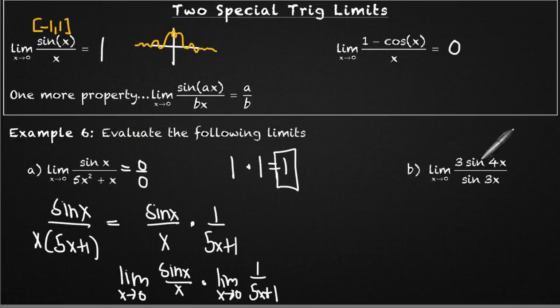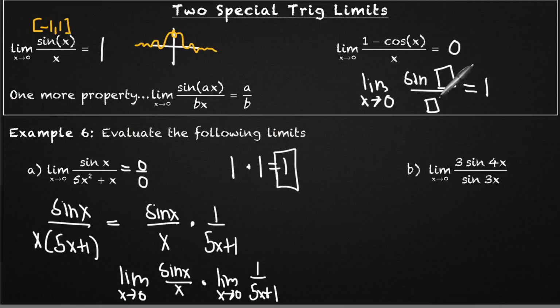Okay, letter B. This one is a little bit different, and so we have to learn how to do this. So the idea here is if you take the limit as x approaches 0 of the sine of anything over that thing, it's always going to equal 1.